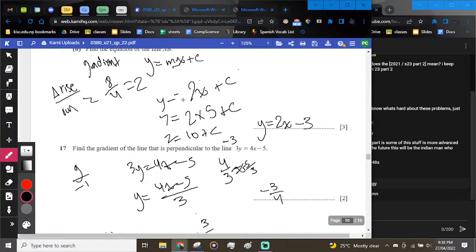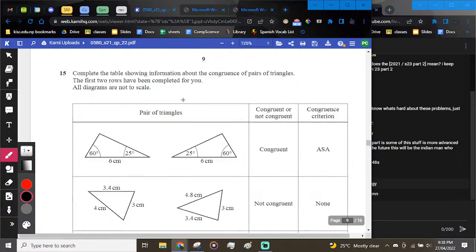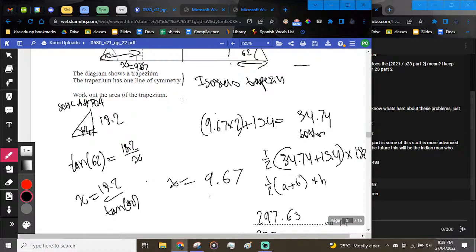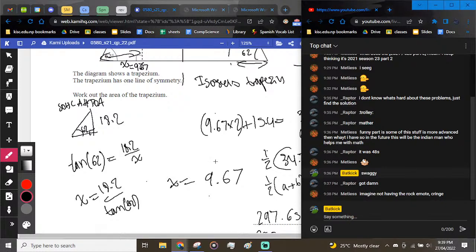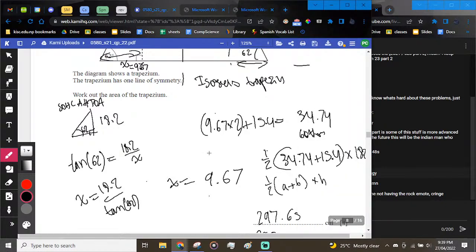Let's check. I typed in the numbers wrong because it looks like I have the right idea. That's right, 34 times half plus.